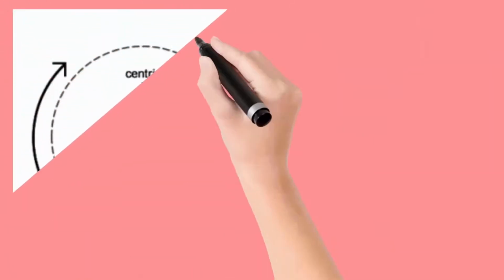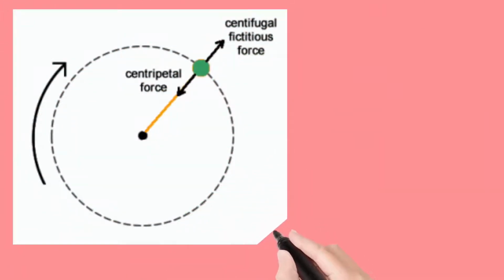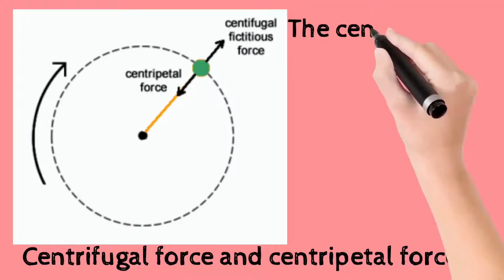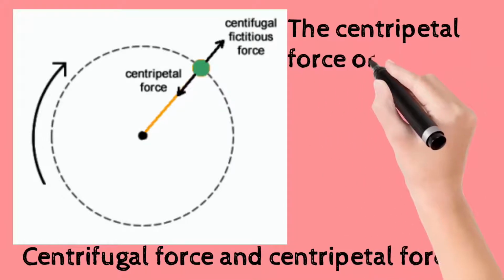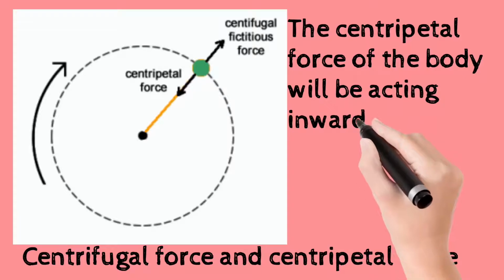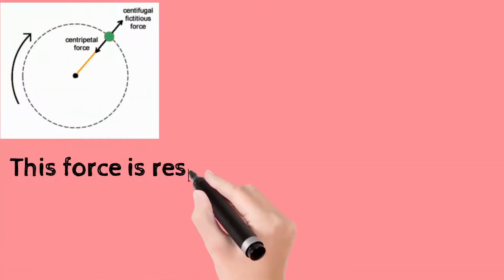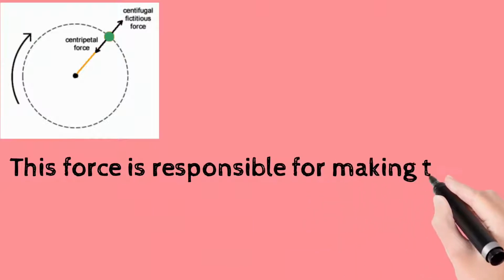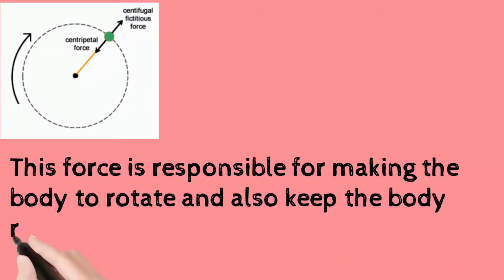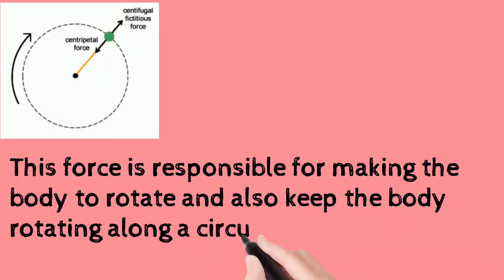To understand the radial component of acceleration, let us see about centrifugal force and centripetal force experienced by a body when it is rotating. The centripetal force is the force that is acting towards the center of rotation. This centripetal force is responsible for making the body rotate and also for keeping the body in the same path.